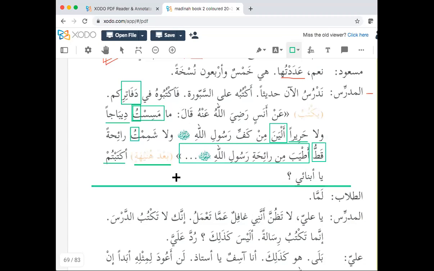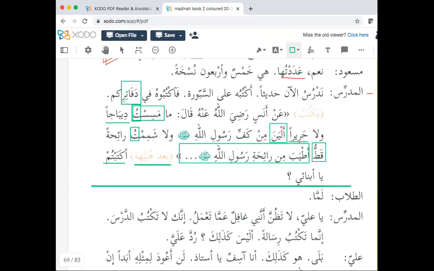Yeah, أطيب seems to be a na'at of رائحة. والله أعلم.